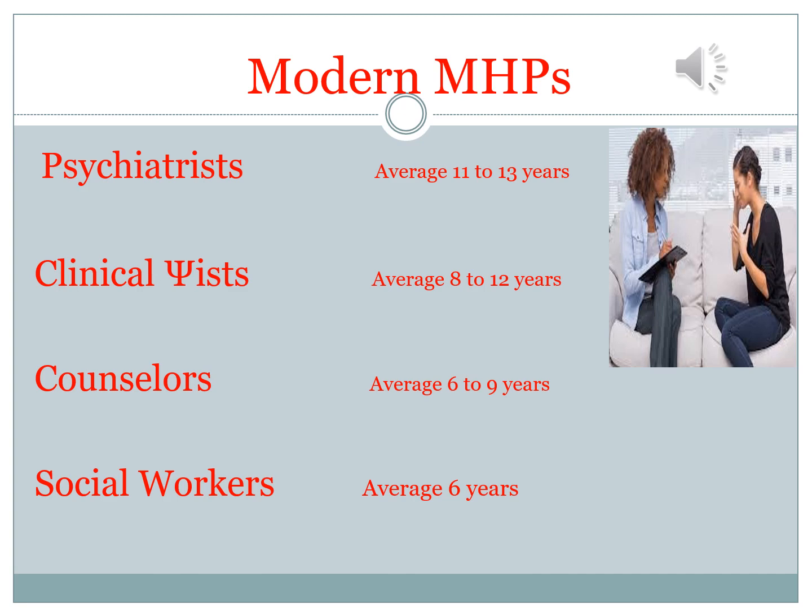Again, that's a total of 8 to 12 years. Counselors, where there are different types and different degrees, but this person would typically have a master's degree, often in counseling psychology. The average amount of time it would take them, including their undergraduate time period, assuming they completed in 4 years, would be 6 to 9 years.